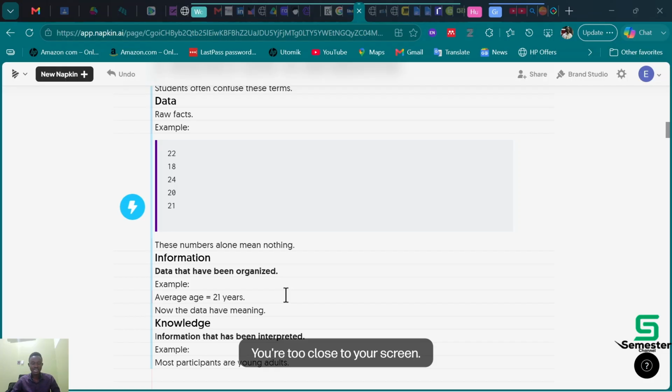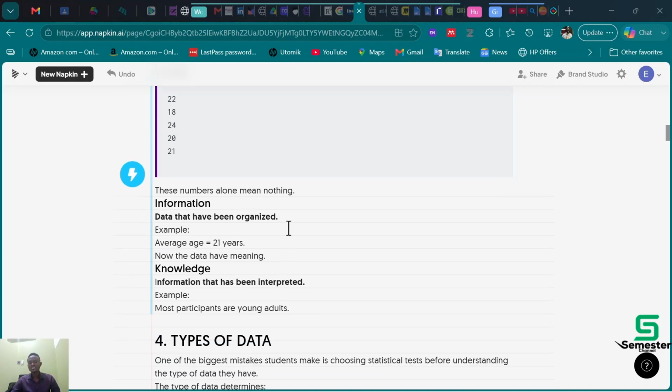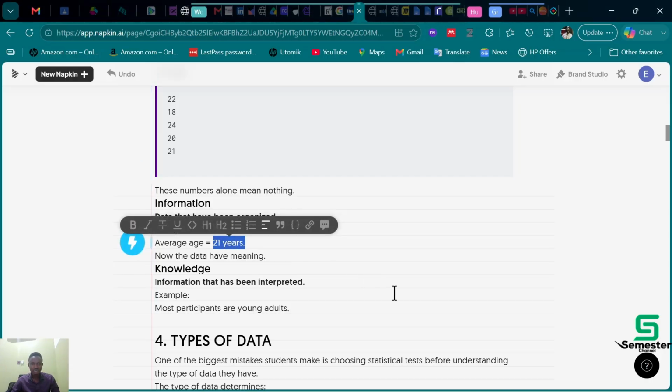It means that on average, for all these participants, the age is 21. Now, once you've gotten this, it doesn't stop there. It should move on to a different phase where the information, that is the organized data, now has to be interpreted. An example of interpretation is that most participants are young adults, right, from this information here. It means that most participants are young adults.